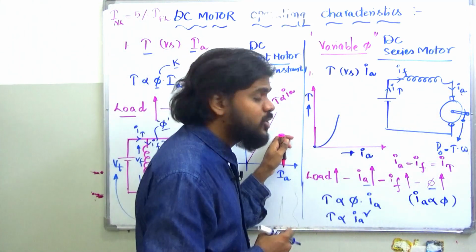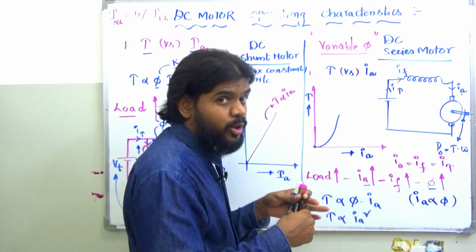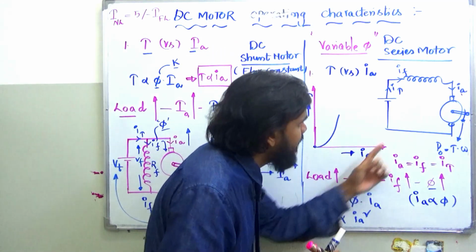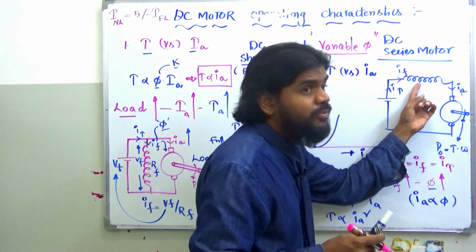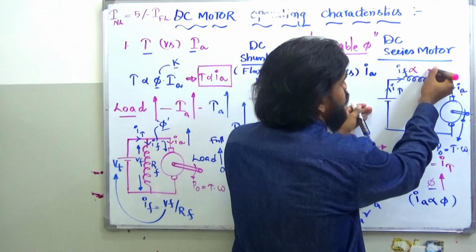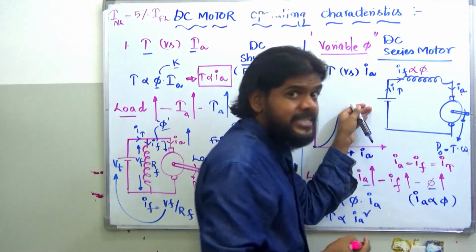The reason is, you have to understand a very important point here. When the current is rising through the armature, the field current is also rising, and the field current is proportional to phi, no doubt in that.